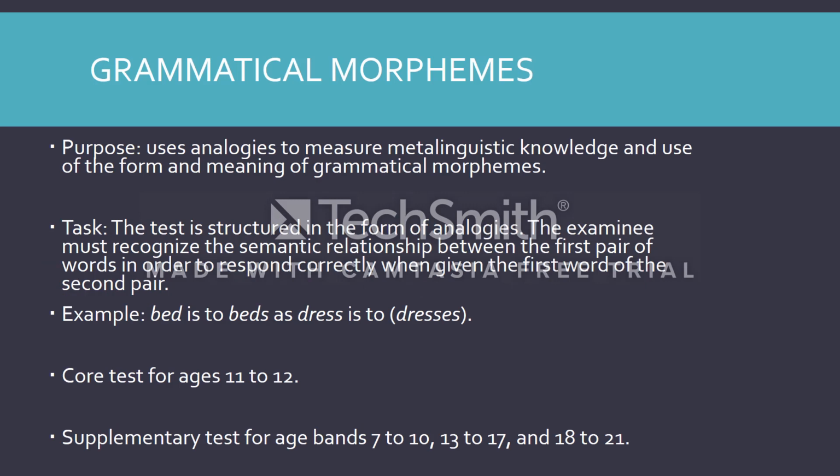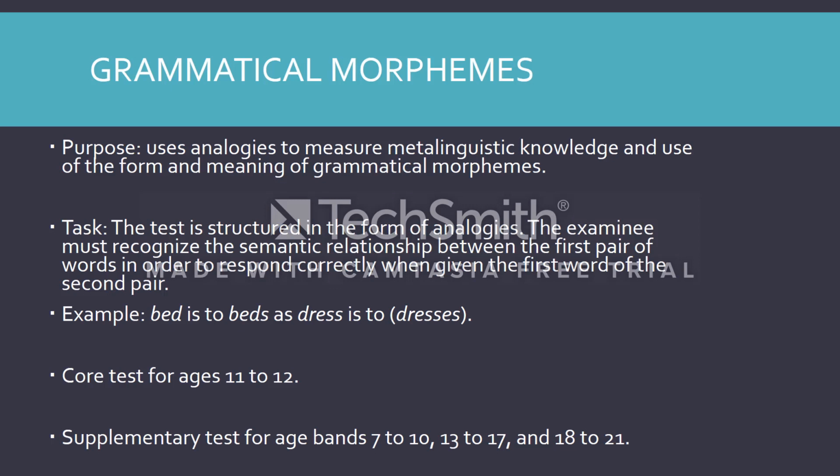The next subtest is called grammatical morphemes. The purpose is that it uses analogies to measure metalinguistic knowledge and use of the form and meaning of grammatical morphemes. So for the task, the test is structured in the form of analogies. The examinee must recognize the semantic relationship between the first pair of words in order to respond correctly when given the first word of the second pair.